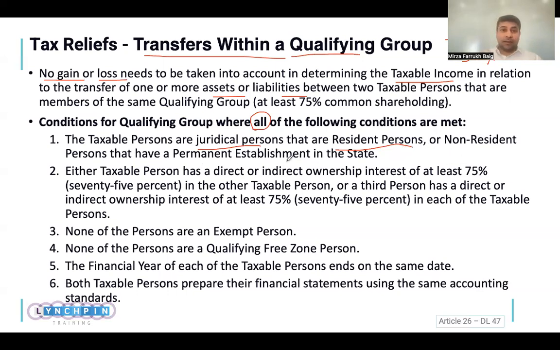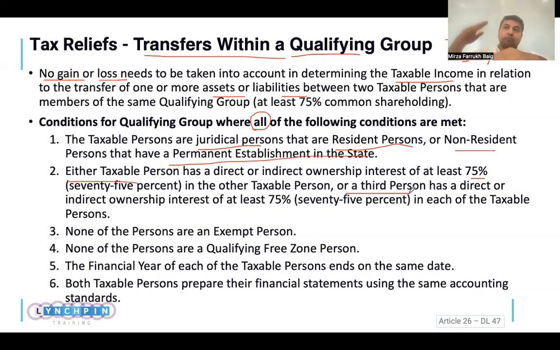Or if it is a non-resident, it should have a permanent establishment here in the state. Again, an important area: the taxable person has a direct or indirect stake of at least 75%. It could be higher, and it could be a direct stake in that company or via a third party.